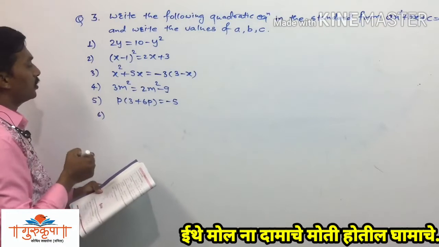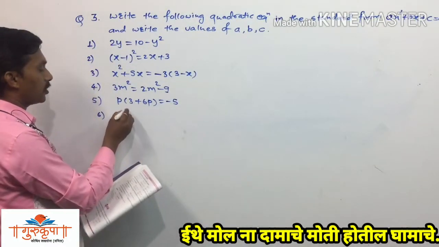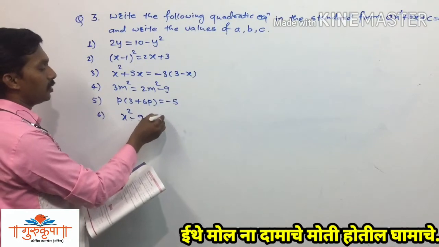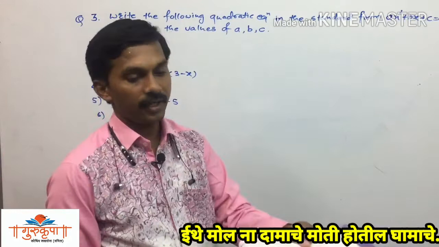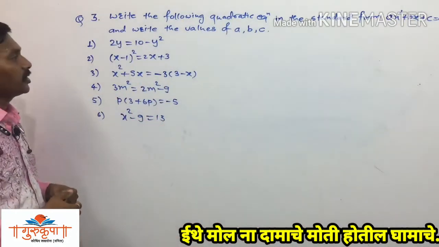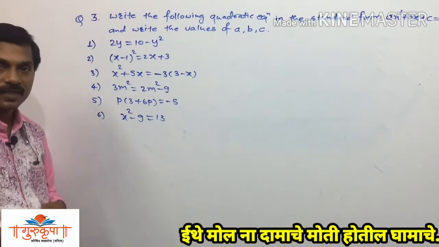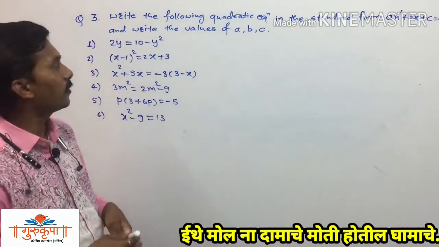And the sixth one, last example, is x square minus 9 is equal to 13. We have given the 6 examples and we have to write the given quadratic equation into the standard form, and then we have to write the values of a, b, c comparing with the standard form.